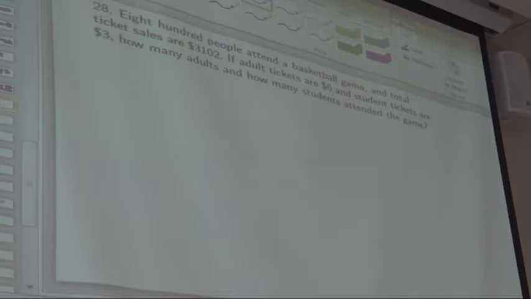Now 800 people are there, and the total sale is $3,102. The adult ticket is $6 and the student ticket is $3. We are going to find the number of adults and the number of students. So we let x be the number of adults and y the number of students.